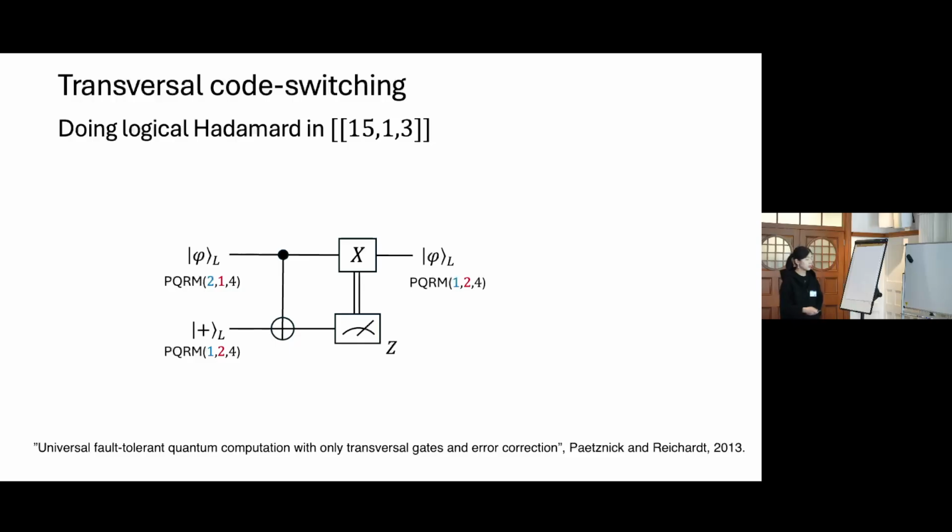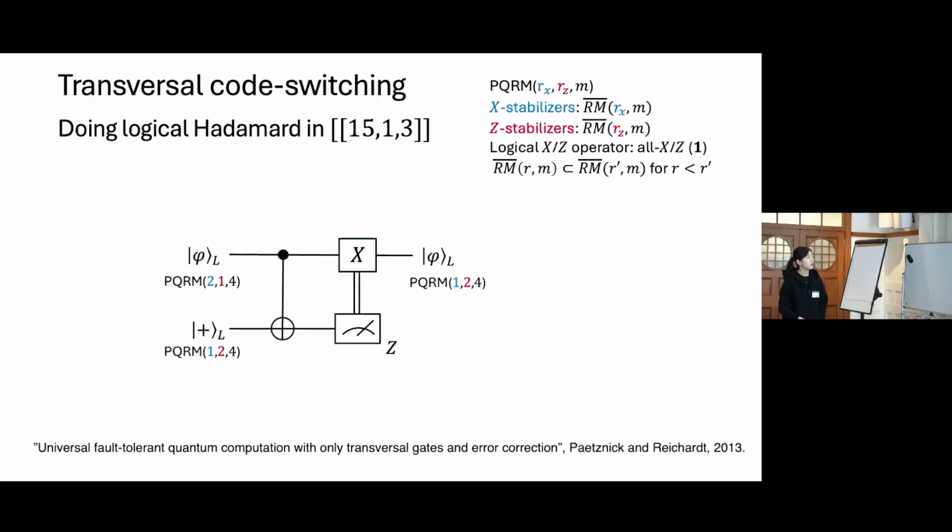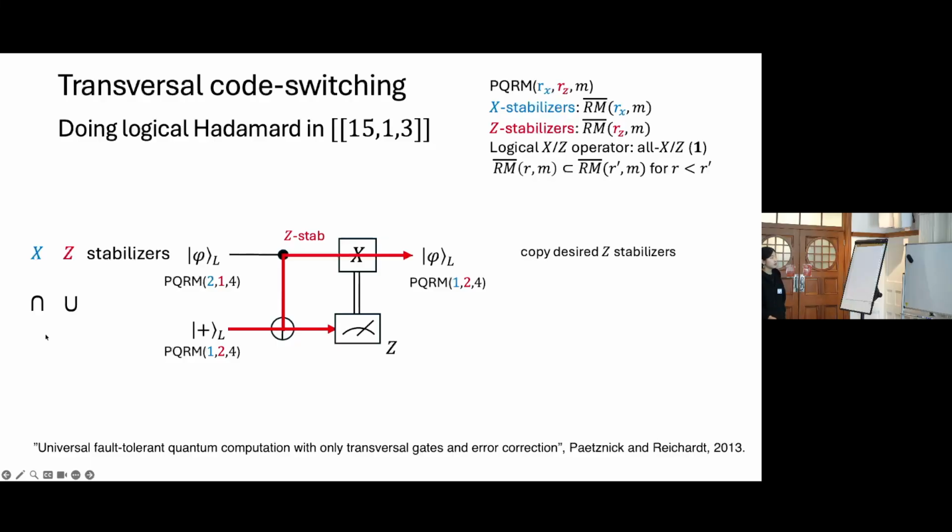So how does it work? This follows because of this containment relationship of the stabilizers I stated before. Basically, if you look at the X and Z stabilizers, they satisfy this containment relationship. And then you can see that this code lacks some Z stabilizers, and you can get them by copying them from this bottom plus code.